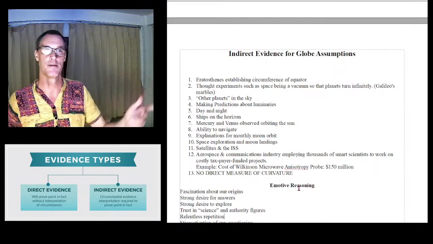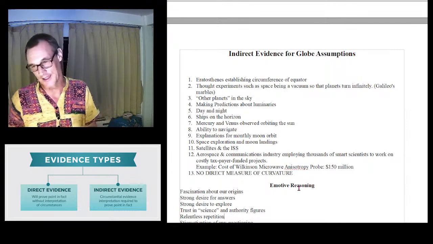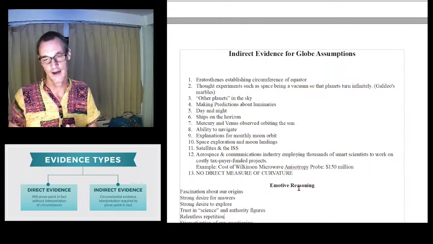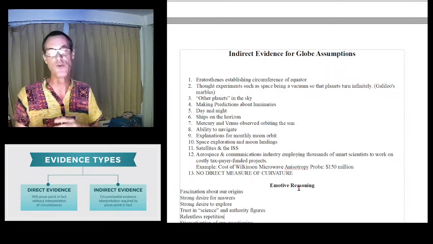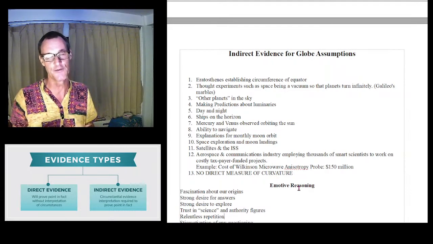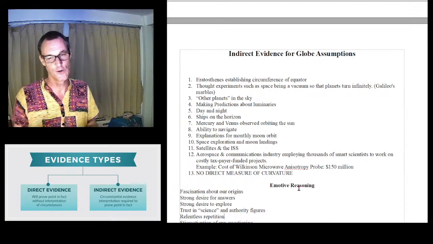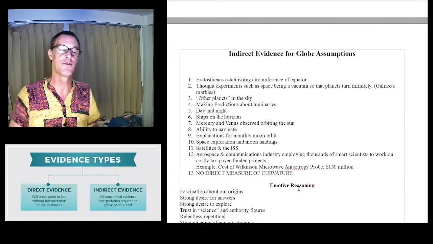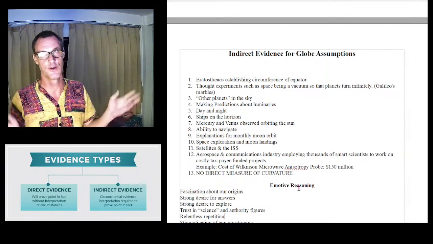So here we're looking at the third one for indirect evidence, other planets in the sky, again labeling the Earth as another planet. Again, there were emotive reasons for this, I suppose in an attempt to be scientific and pragmatic. They would assume, not necessarily for any malicious intent, but just to be scientific, that no, we're not the center of the universe that we can see.